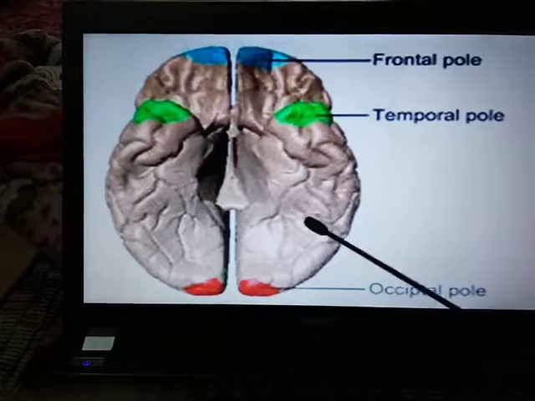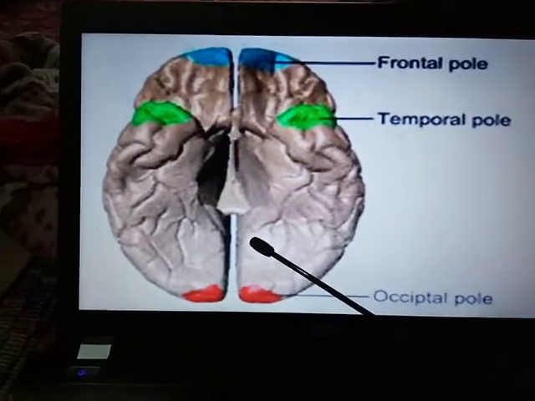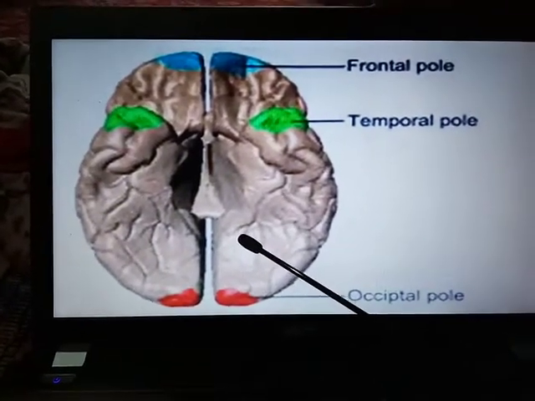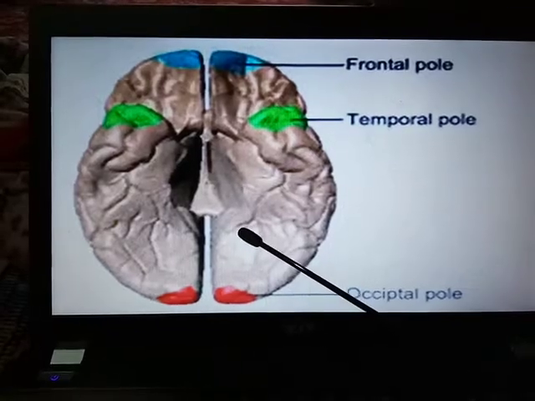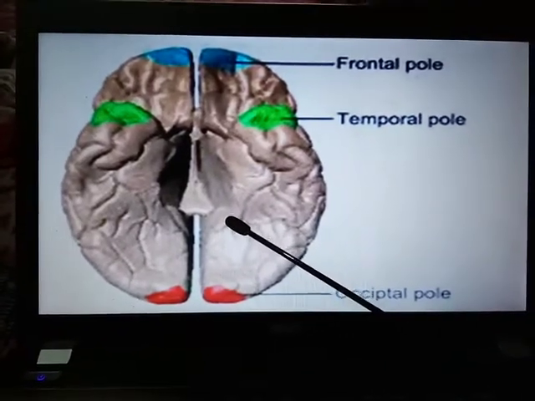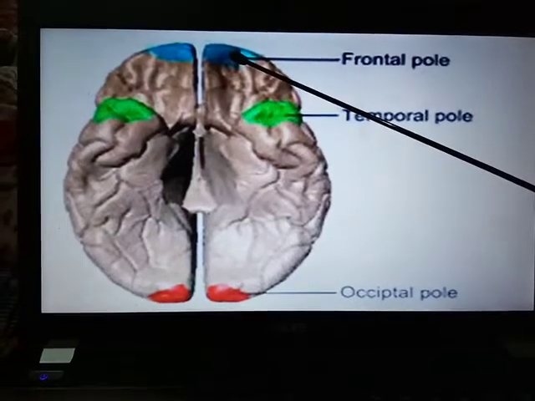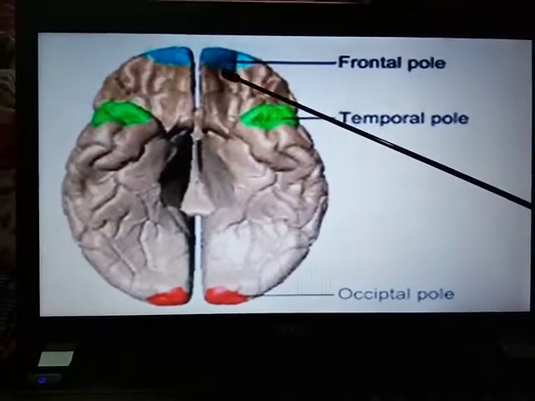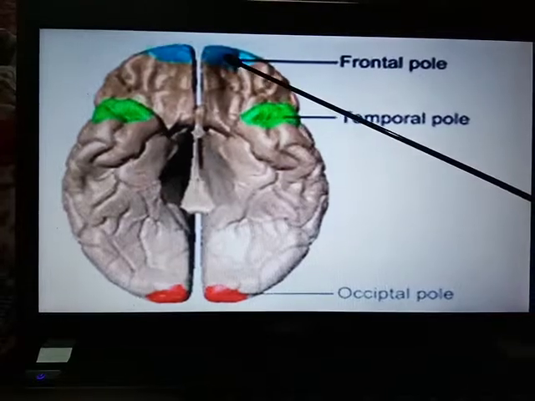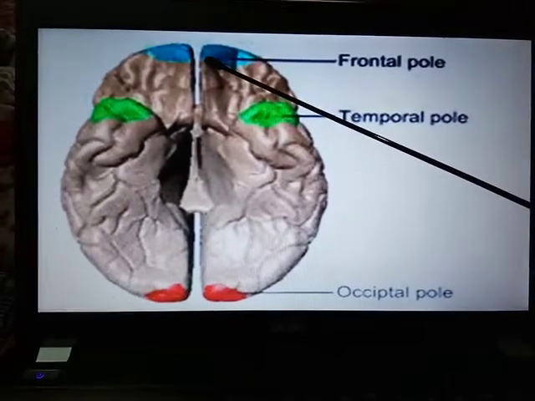Then the various features of the cerebrum are that it has three surfaces, three poles, three borders and four lobes. For the poles, we have the frontal pole, as you can see in the picture. It is blue colored, and the frontal pole is blunt.